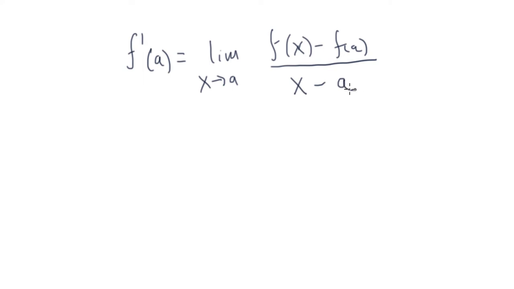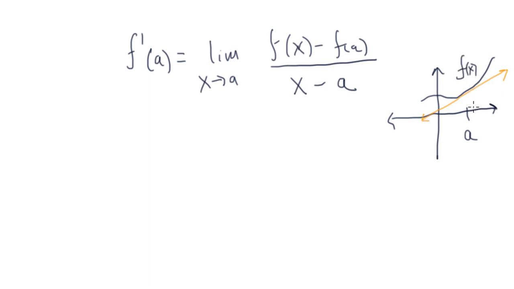Okay, and now remember, this has the interpretation of being the slope of the line tangent to f of x at x equals a. So here's our tangent line of our function f of x. So the slope of this line is the derivative of this function.